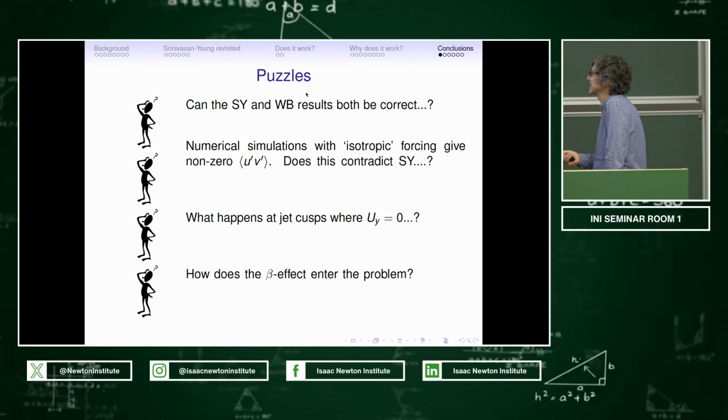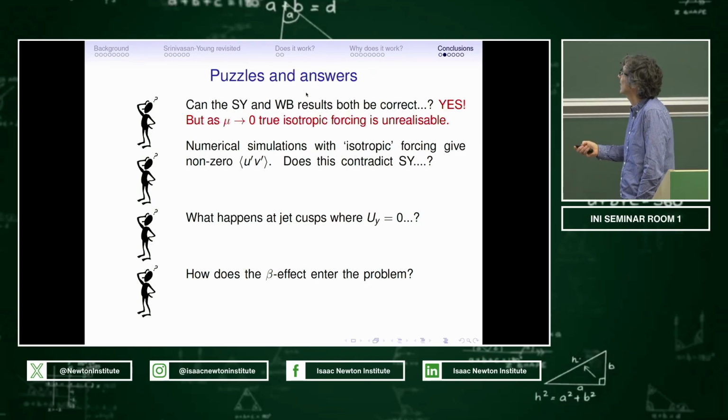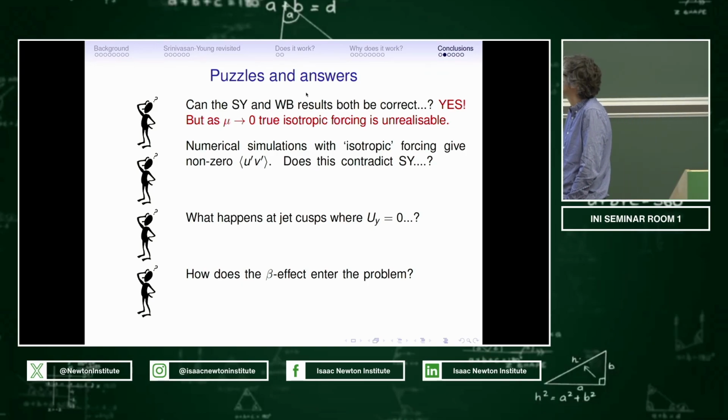So can the Srinivasan-Young and Boucher results both be correct? Yes, but the key thing about the Srinivasan-Young result is that isotropic forcing gives zero momentum flux. True isotropic forcing is unrealizable in any plausible domain.